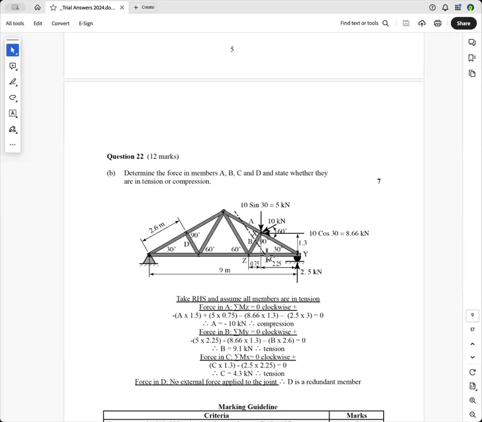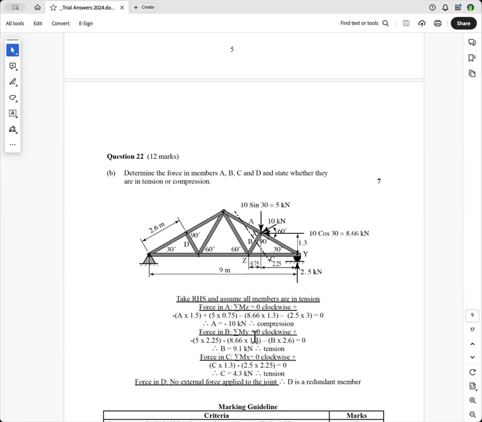And that will be going anti-clockwise about this point here. So it's negative, minus B times 2.6, which is that distance there. And so we get B is equal to positive 9.1 kilonewtons, and it's tension because we've assumed that to be tension pulling away from the joint, and we get a positive answer, so it's right.